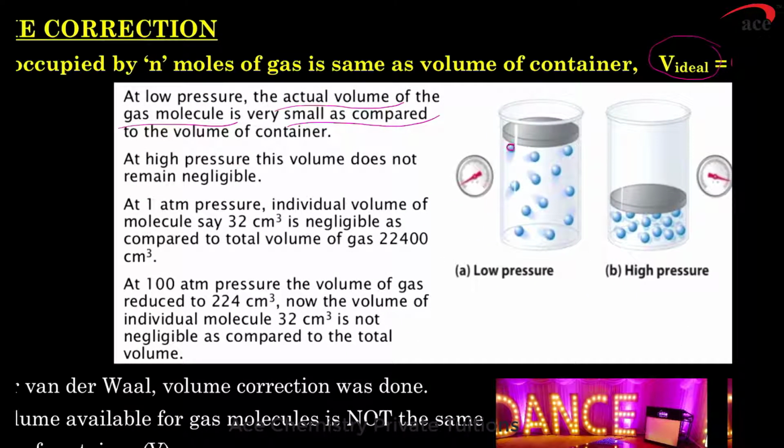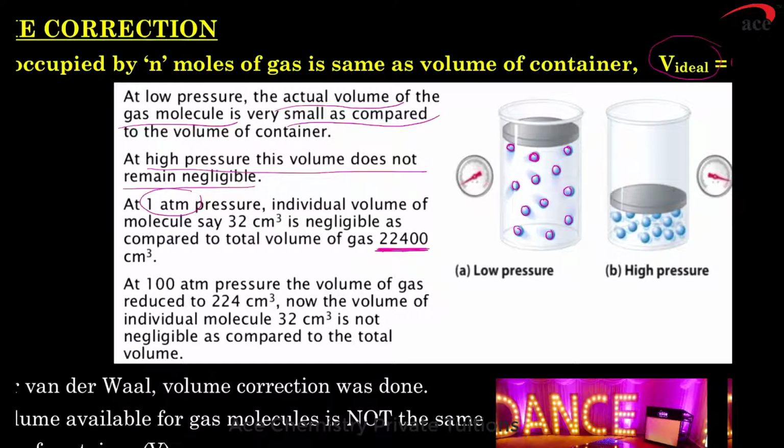If you count all the space occupied by the gas molecules, then it is found to be very negligible. At high pressure, the same volume does not remain negligible. To understand this mathematically, at 1 atmosphere pressure, the volume of the gas is 22,400 cm³.